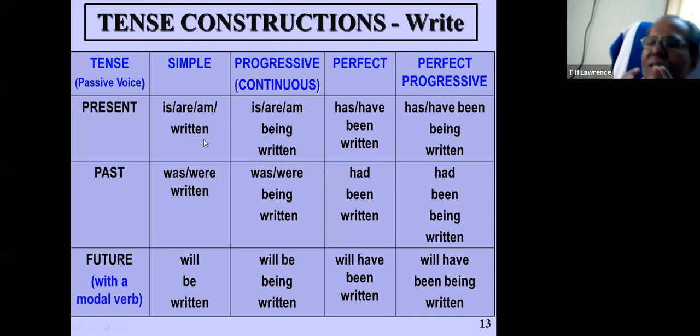But a question may now have arisen in your mind as to whether we have this has been being written, had been being written, will have been being written, etc. Are they there in the language? Are we using them? This may be the question.